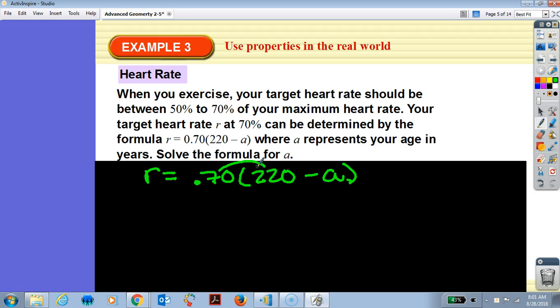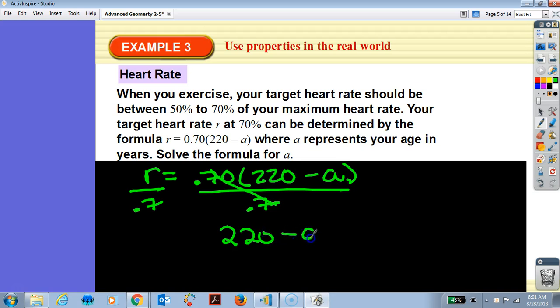You have two options. Actually, I think it's smarter probably just to divide from the start, right? Divide by 0.7 on both sides. Then we would have 220 minus A equals R divided by 0.70. And then I'm not going to add A to both sides. I'm going to subtract 220.